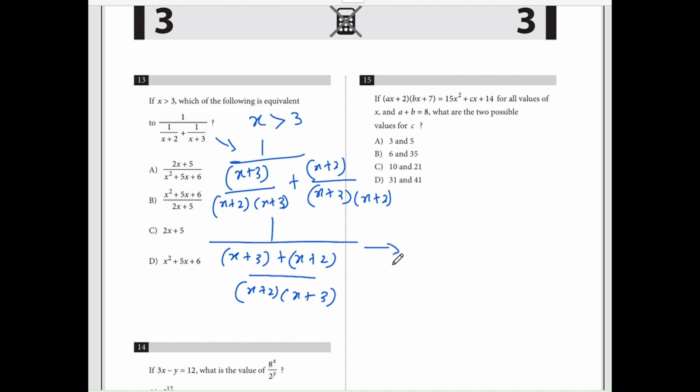And it becomes (x plus 2)(x plus 3) divided by, here x plus x is 2x plus 5. Then the numerator is a quadratic function, and this should be the answer.